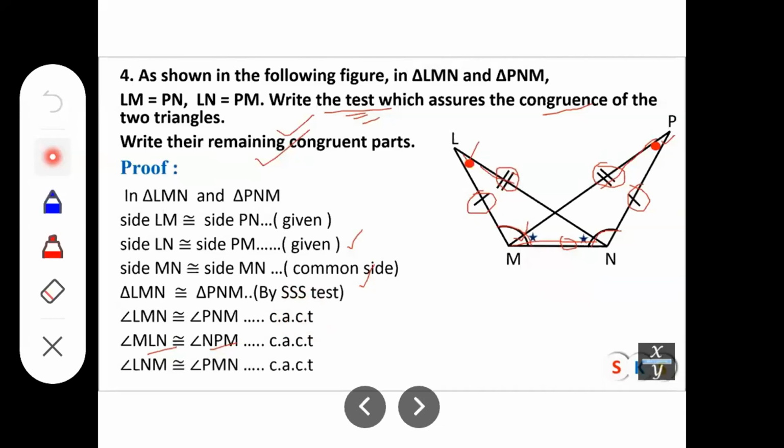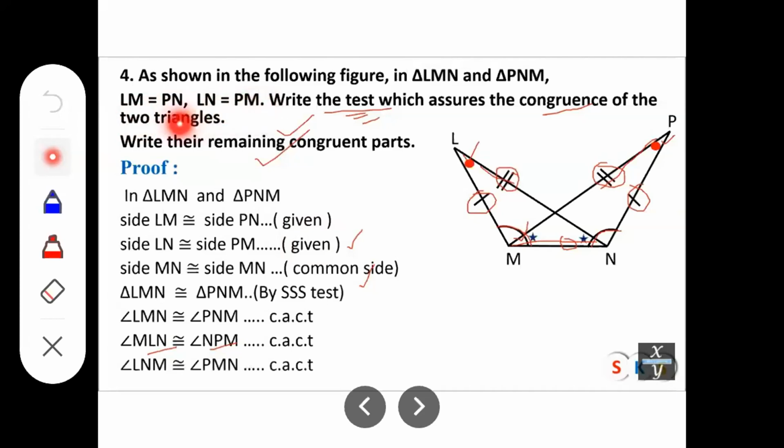So let's see here, side LM is congruent to side PN. Then side LN is congruent to side PM. That is given in the example here.